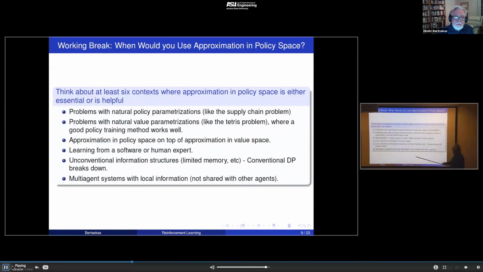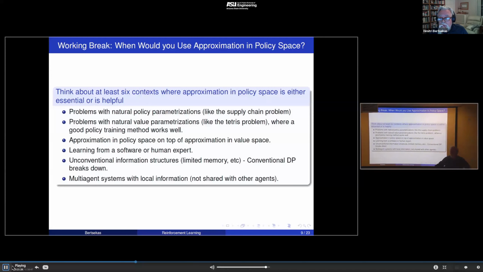Like, for example, there may be limited memory. We have assumed so far that the controller never forgets anything, right? Remembers the past controls, remembers the past information. But there may be some limited memory limitation. And here's another interesting context, multi-agent systems, where you have your controller distributed out in various decision points, and each decision point has its own local information that may not be shared with other agents.